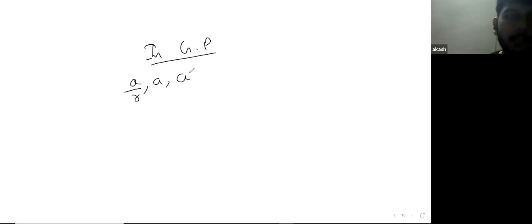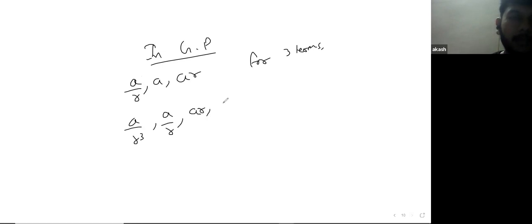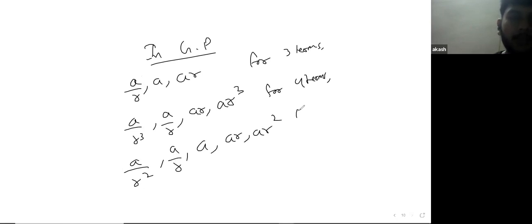Are we clear? Yes, sir. Okay, write down for GP. In GP, if you have to assume numbers, then you'll take A upon R, A, AR for 3 terms, A upon R cube, A upon R, AR, AR cube for 4 terms, A upon R square, A upon R, A, AR, AR square for 5 terms.